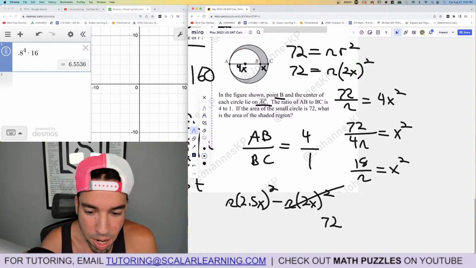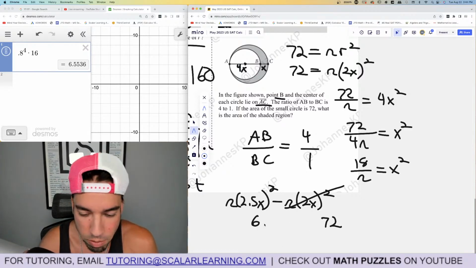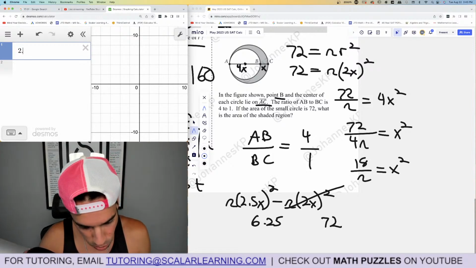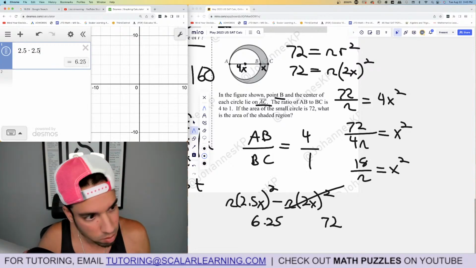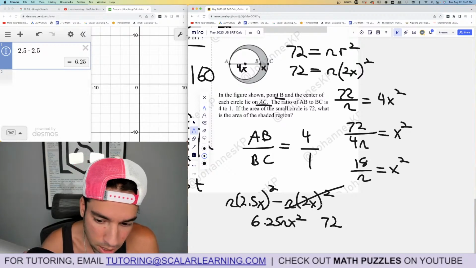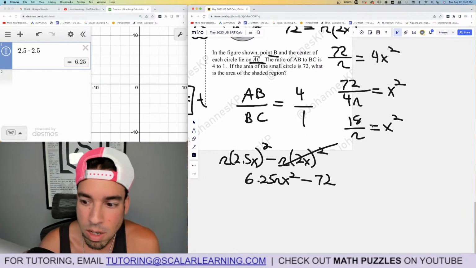So this is pi times 2.5 squared. I have that memorized, 6.25. But you can double check it if you want. Any calculator. Actually, I'll just do it, just in case. 2.5 times 2.5, yeah. All right, so then 6.25 pi x squared. Okay, and we're minusing, and we already have enough info because I can already plug this in. 18 over pi is x squared.